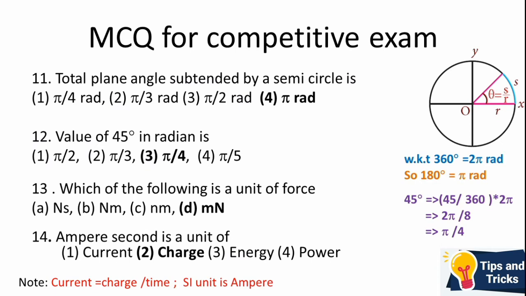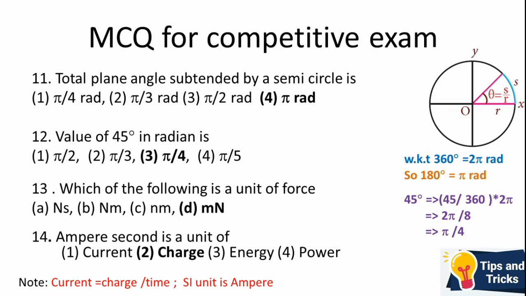Now let us move on to next question. Question number 11. Total plane angle subtended by semicircle is. Options given are pi by 4 radian, pi by 3 radian, pi by 2 radian and pi radian.